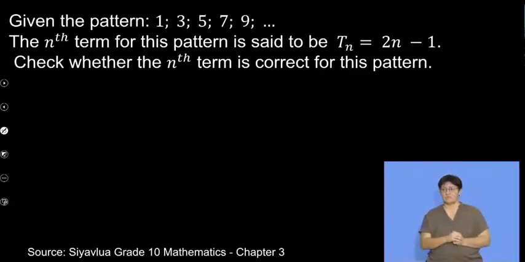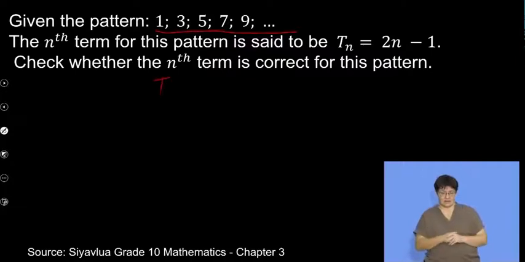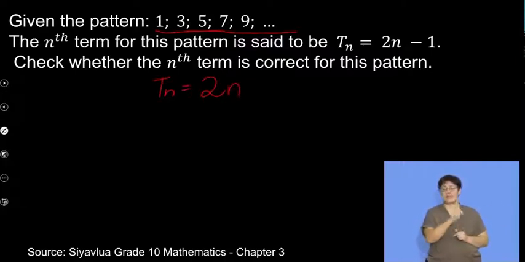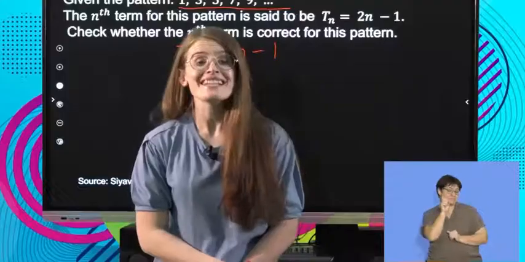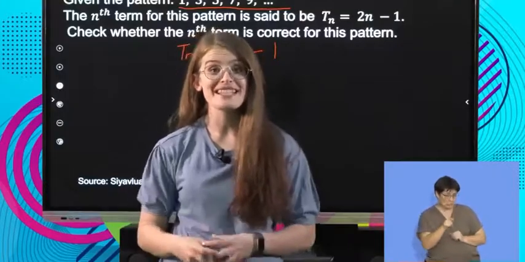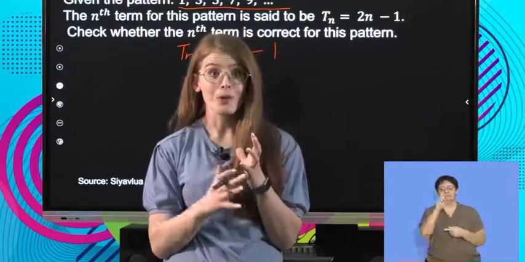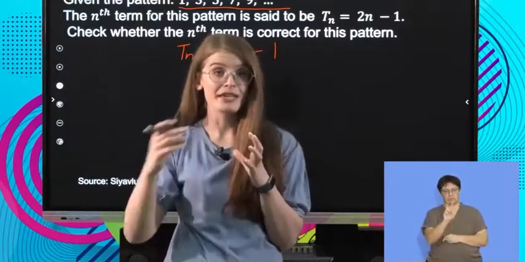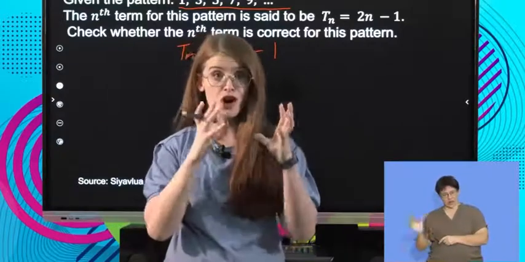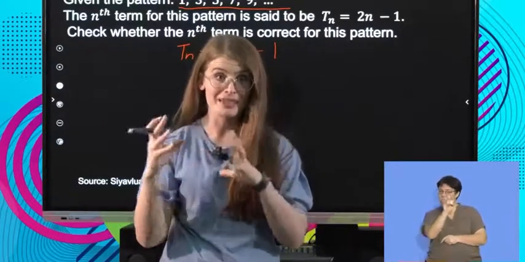So the pattern is 1, 3, 5, 7, 9. I have the general term that has been given to me as Tn is equal to 2n minus 1. In order for me to check if it is in fact the general term for this sequence, I'm going to substitute n is equal to 1, 2, 3 going on to see if the term value matches the term number.